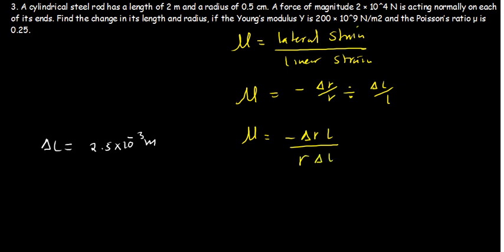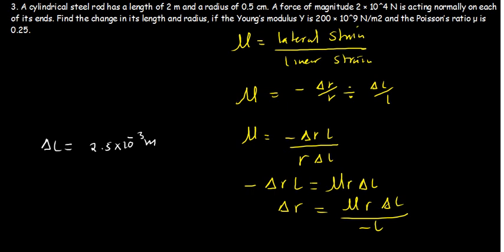Here we can now substitute the values that we have. I'm going to cross and multiply, so this is going to be negative change in r times L is equal to mu times r times change in length. I want to remain with only change in radius, so we'll divide by negative L both sides, so that will be mu r change in length divided by negative L.